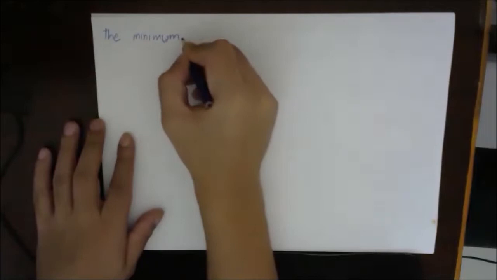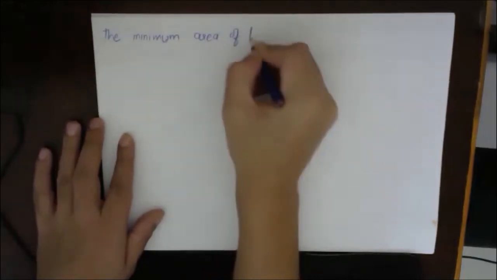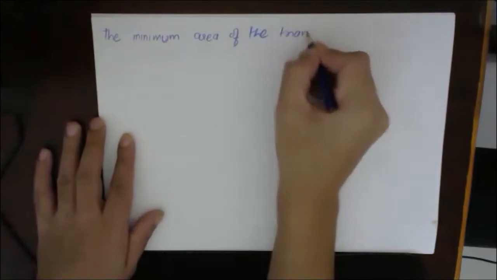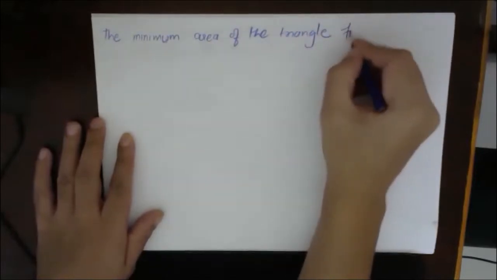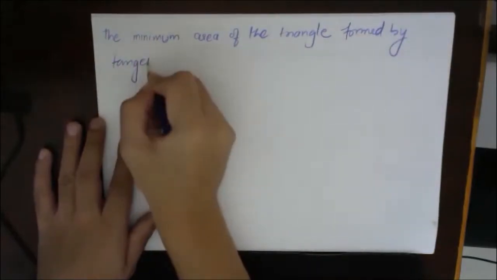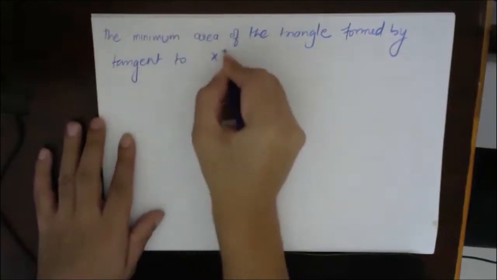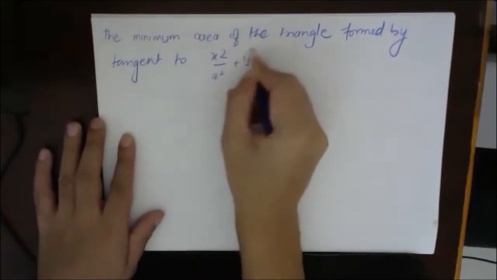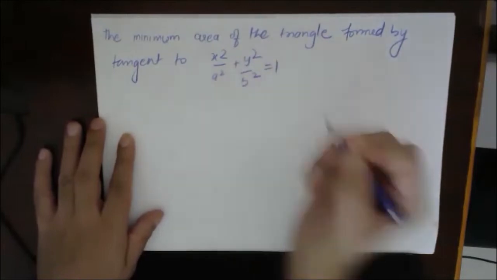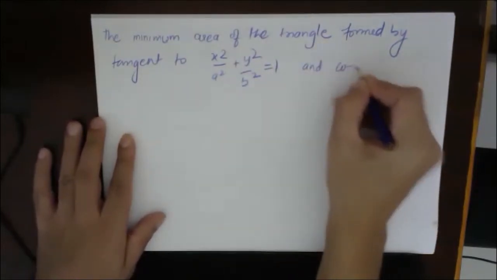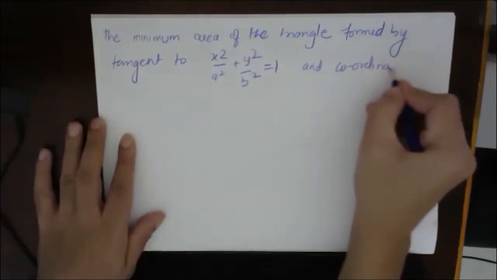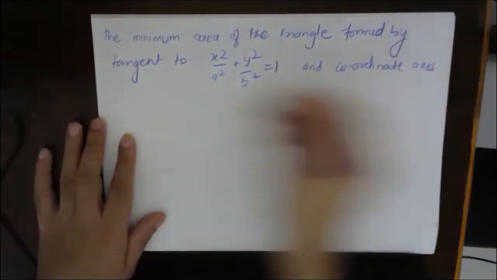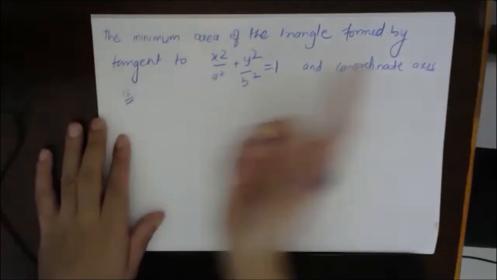They are saying the minimum area of the triangle formed by the tangent to the curve x square by a square plus y square by b square is equal to 1 and the coordinate axes is, in terms of a and b.